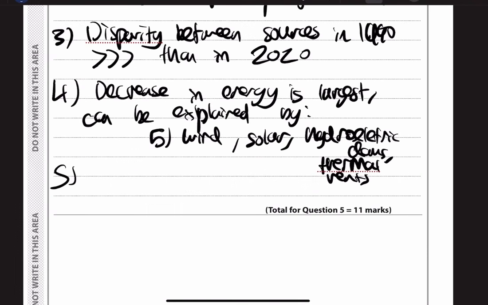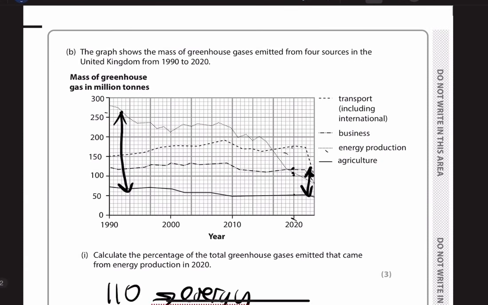So agriculture drops. Why? Well, comparing 1990 to now, the data is trying to make us say that we're farming less cattle. In the UK, this is likely true. I was going to say in the world, but I wouldn't know if that's true.